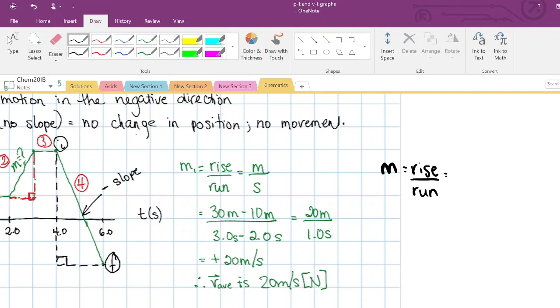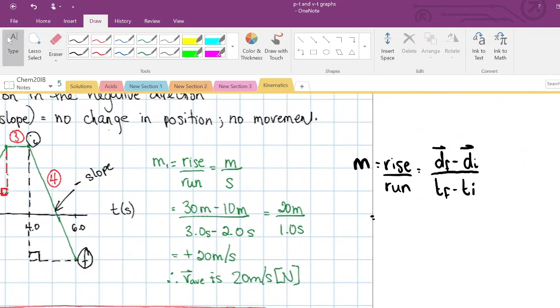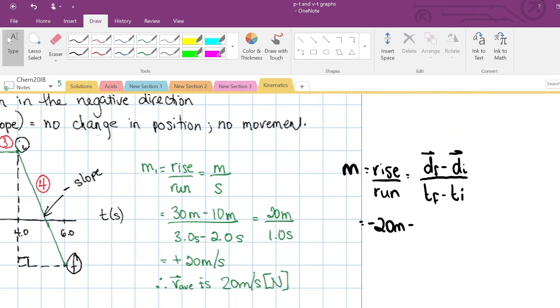And that's our displacement final minus our displacement initial, over our time final minus our time initial. Our displacement final is at negative 20 meters. Our displacement initial is at positive 30.